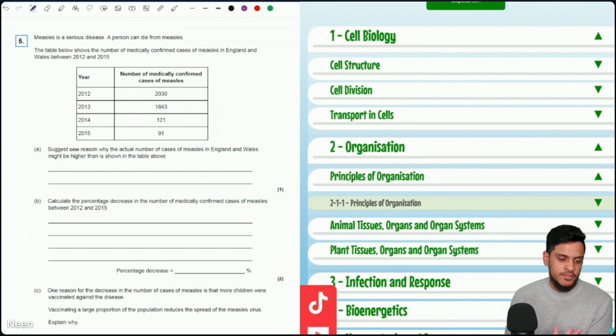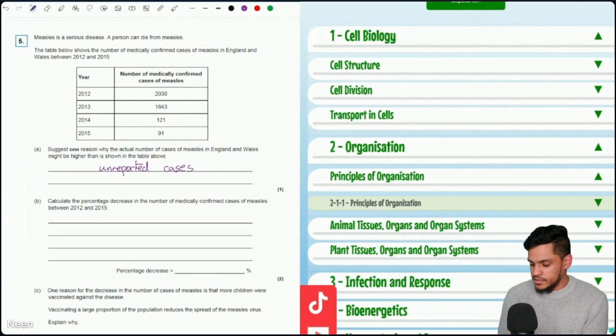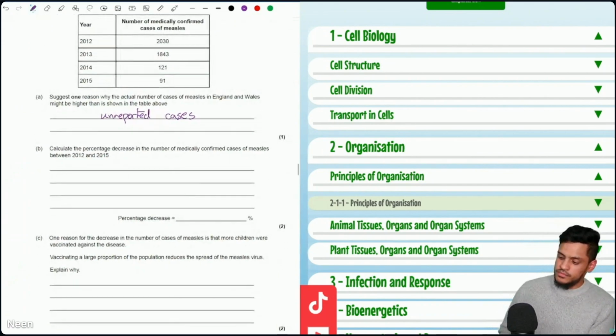Not everyone is going to report that they have measles. Unreported cases would mean that you don't tell the doctor, so the doctor doesn't know, so they don't pass it on and record the data.